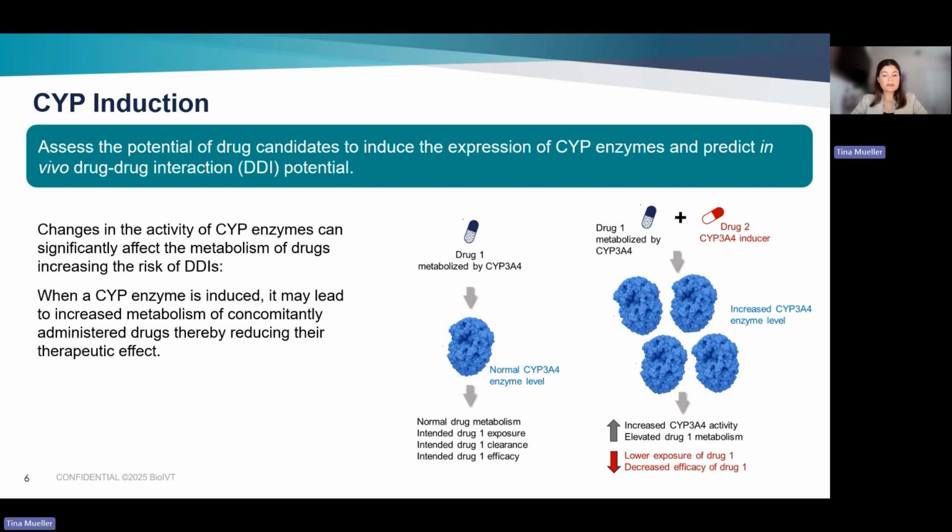Now, if the patient takes this first drug, so drug 1, as well as drug 2, the situation might change. Let's assume that drug 2 is a CYP3A4 inducer, which leads to an increase of CYP3A4 enzyme activity, and as a result, drug 1 will be metabolized faster. That means that there is a shorter exposure of the drug in the body, and therefore efficacy is likely reduced.